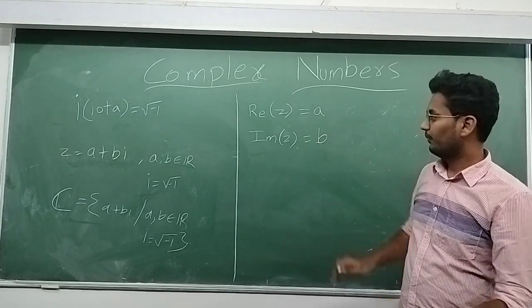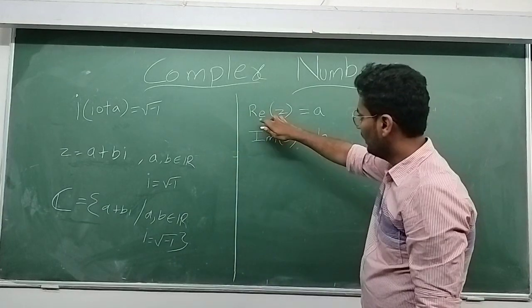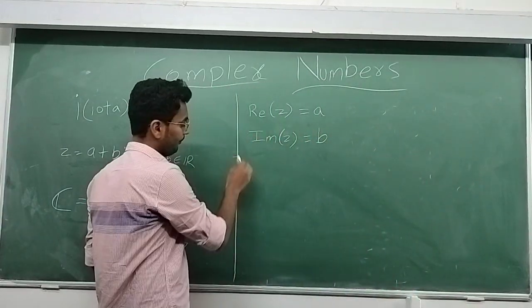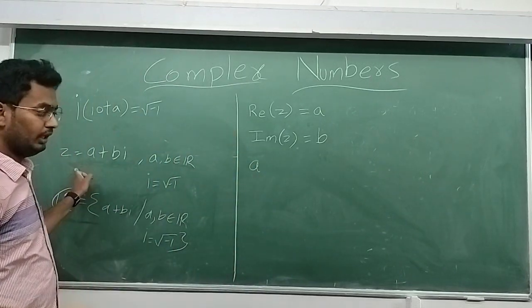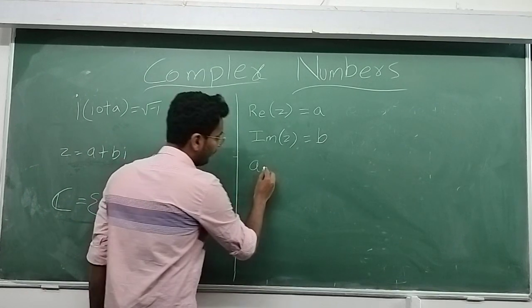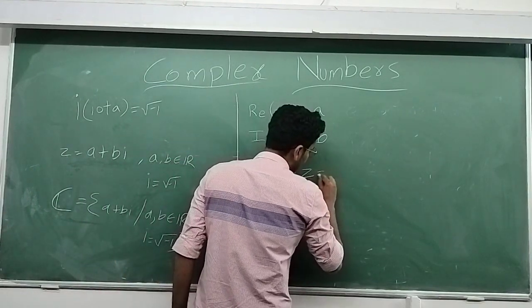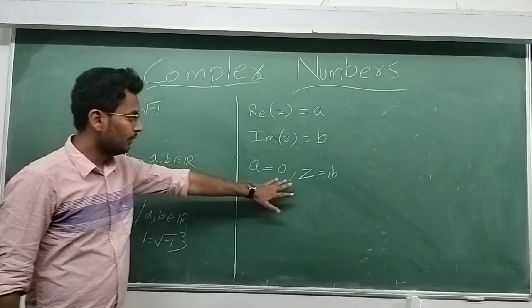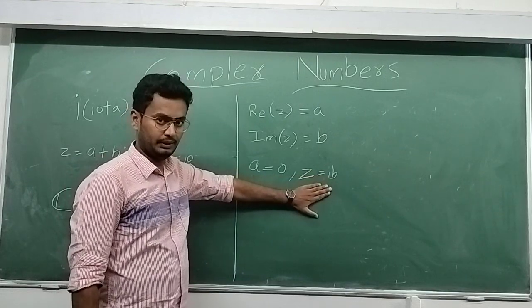Now we see, if the real part of any complex number, real part क्या है इसमें a, is equal to 0, then z is equal to ib, and this is known as a purely imaginary number.